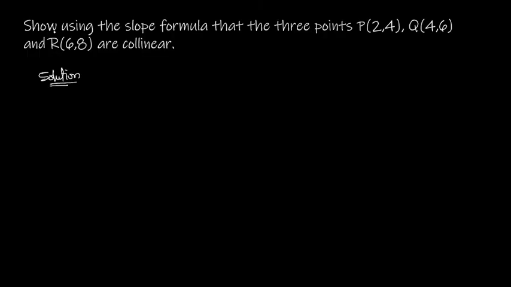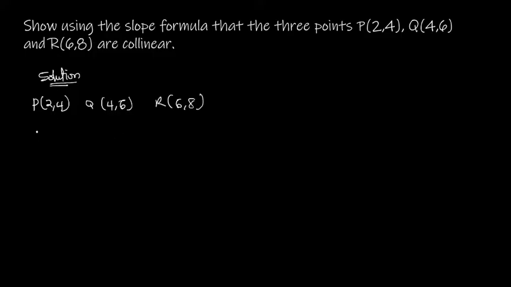Alright, so they are saying we should show, using the slope formula, that the 3 points P(2,4), Q(4,6) and R(6,8) are collinear.